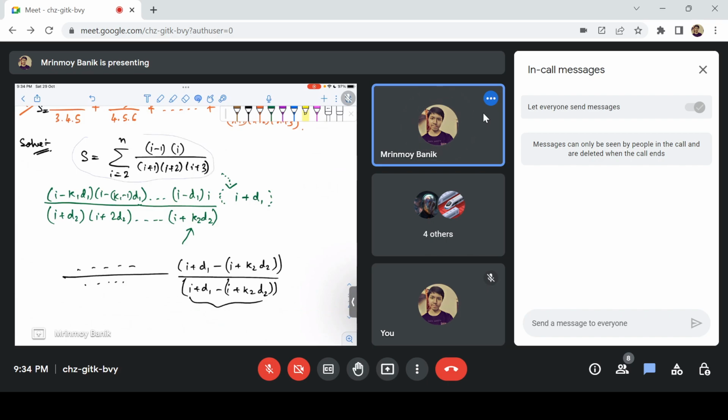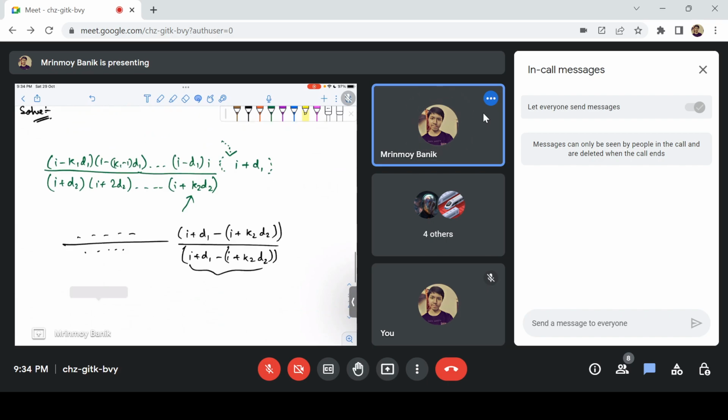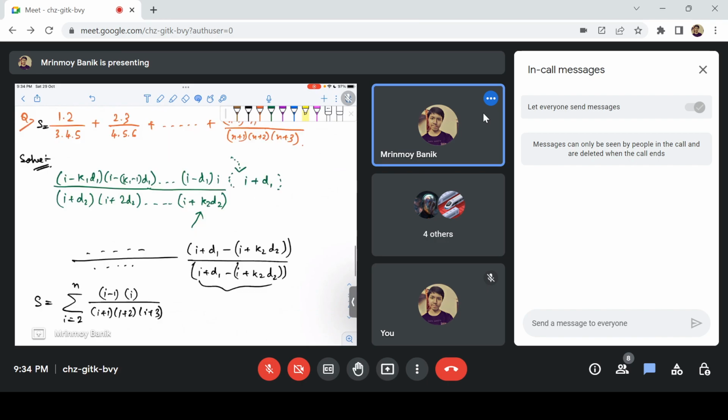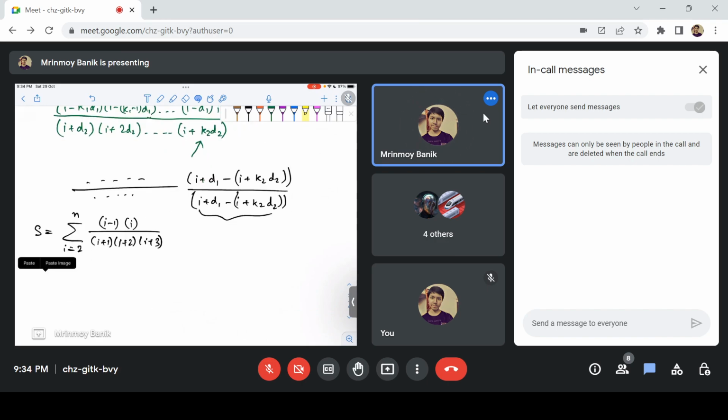So this sum, right? So here, according to our result, we should take the difference of this thing, I plus 3 minus I plus 1. So what is this? Basically, it's half.